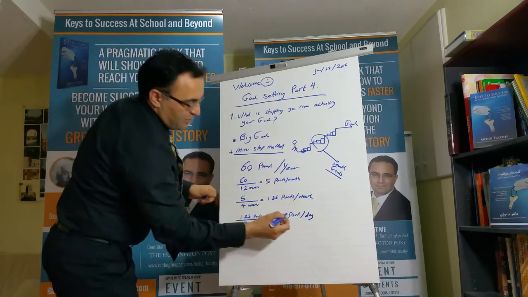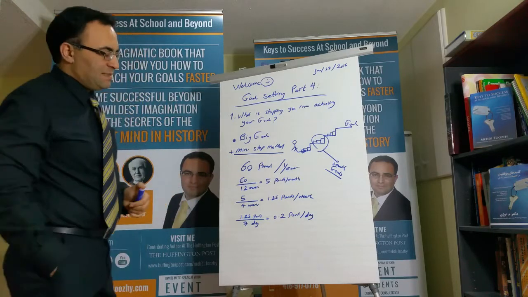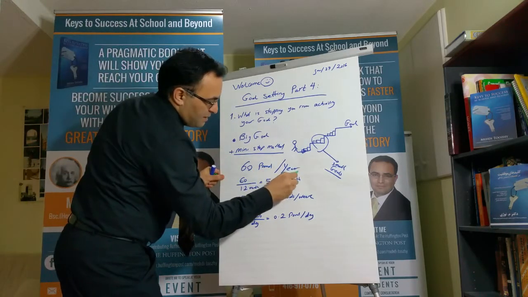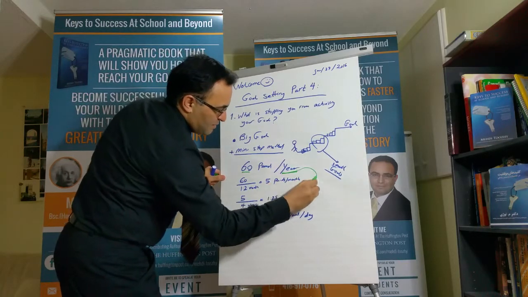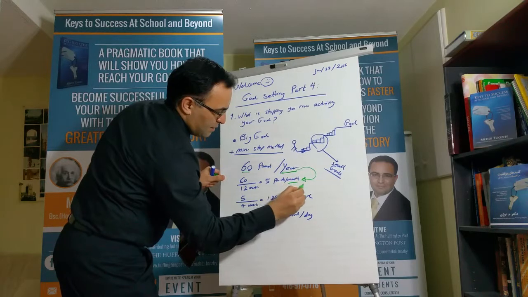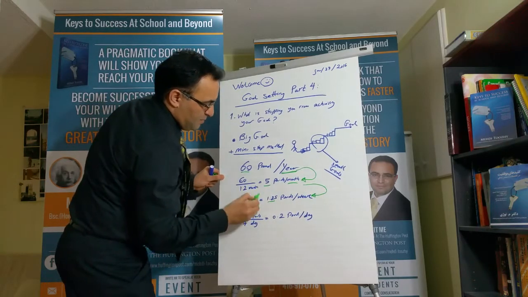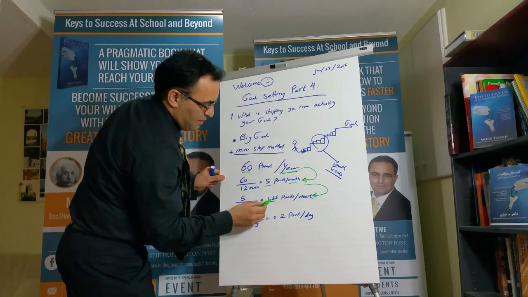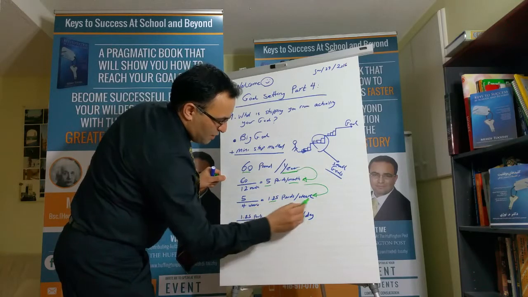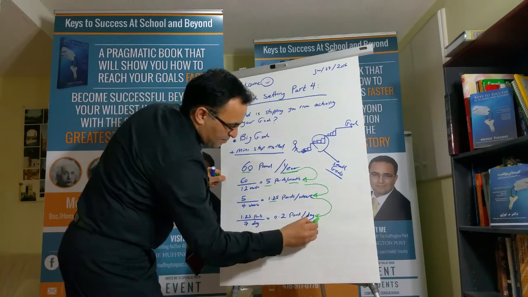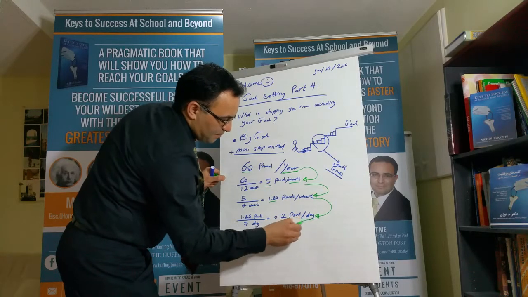So as you see here, we go from a year to a month and to a week, which is 5 pounds a month, 1.25 a week, and 0.2 pounds per day.